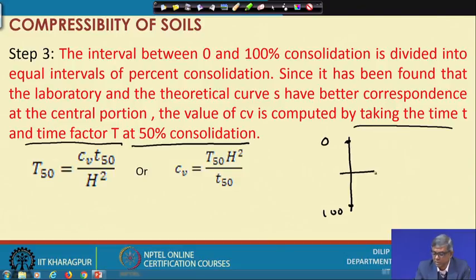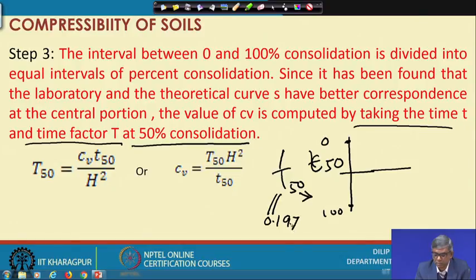So, I will find T 50, and from the curve I will find small t 50. From the relationship between T versus U, T 50 means the time factor corresponding to 50% degree of consolidation, and that value will be 0.197 most likely, no, 0.48.